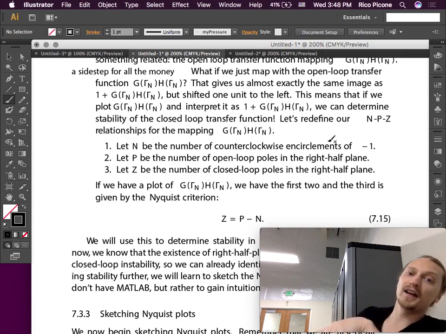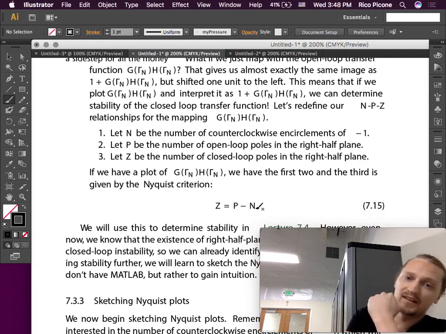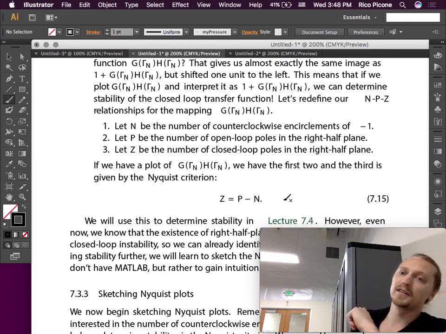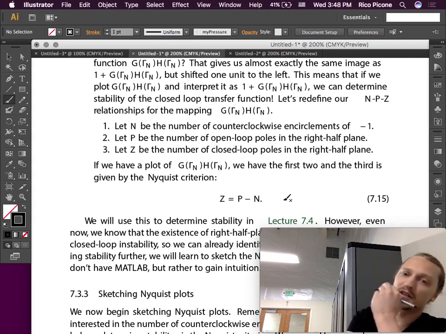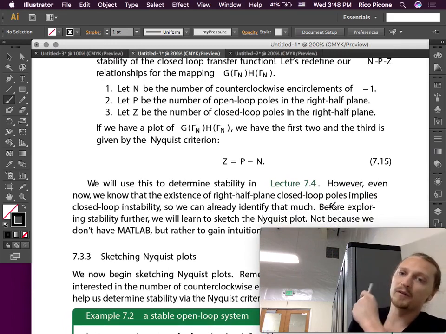If we have a plot of GH of gamma n, we have the first two and the third is given by the Nyquist criterion. So this is our Nyquist criterion with our redefined Z, P, and N. It allows us to find out how many right half plane closed loop poles there are, Z. We will use this to determine stability in lecture 7.4.